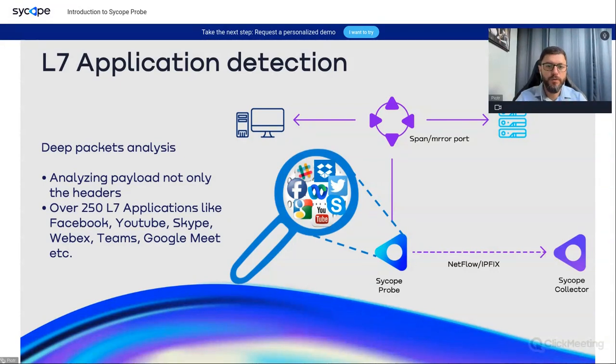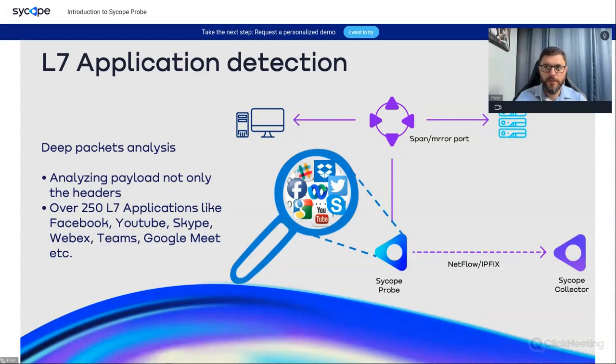Thanks to the analysis, we can tell that, okay, it looks like Teams or ClickMeeting or Google Meet or something like this. We can analyze the behavior of the communication. We can analyze the payload of the communication, and we can tell that it's encrypted. It's HTTPS communication, but it also looks like this specific application.